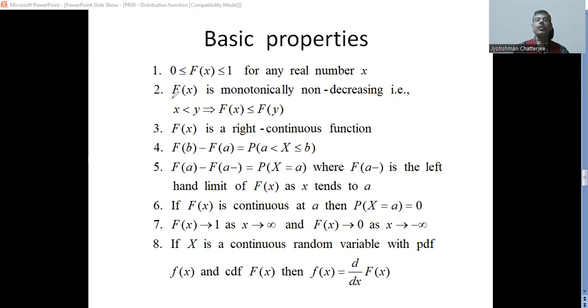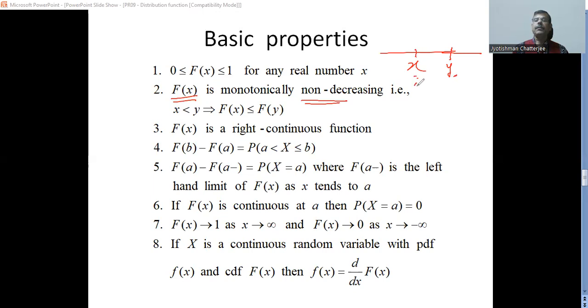F(x) is monotonically non-decreasing. That means what? If you increase the argument, then the function value must not decrease. That's the meaning of non-decreasing. So this is the real number system. Here is x. You increase the value, that is from x you come to a value above x, that is y.